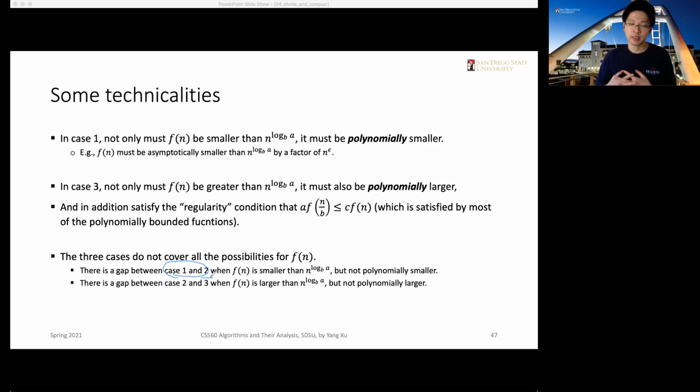Case 1 says that f of n is polynomially smaller. So there's a gap between these two cases, where f of n is smaller but not polynomially smaller. Also, there's a gap between case 2 and 3, where f of n is larger but not polynomially larger. These two gaps are the cases that cannot be handled by the master method.